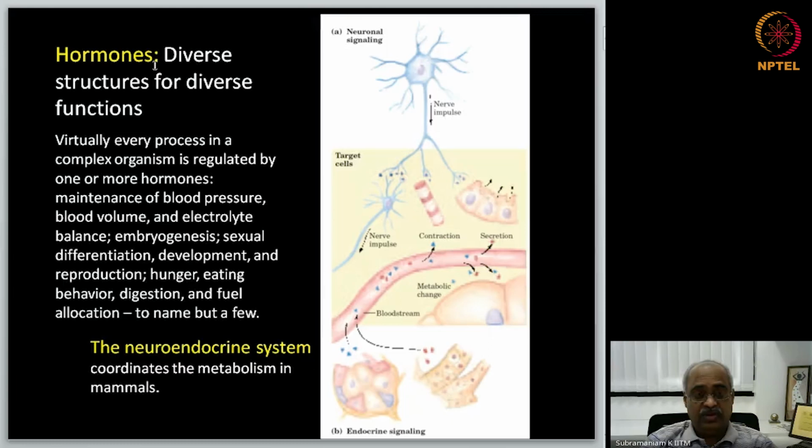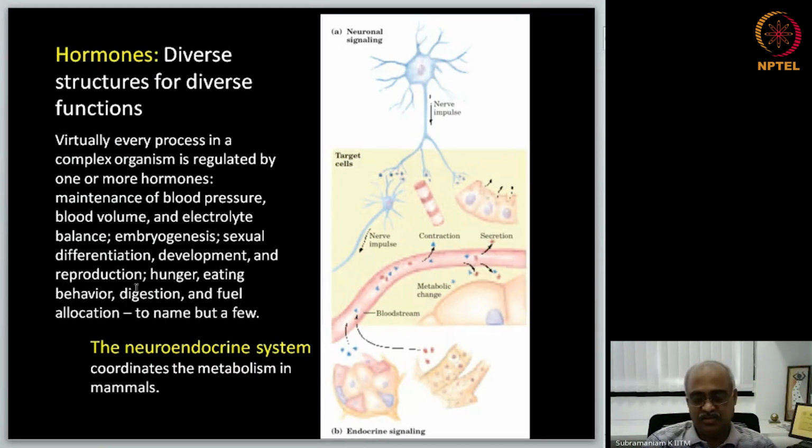And what are the processes regulated by these signaling molecules, primarily hormones? Virtually everything in the body. So a few are listed here. For example, blood pressure maintenance, blood volume, electrolyte balance, embryogenesis, embryonic development. Remember yesterday I was talking about cholesterol modified signaling, and sexual differentiation, development, meaning the process of embryogenesis, making all the different organs, and reproduction.